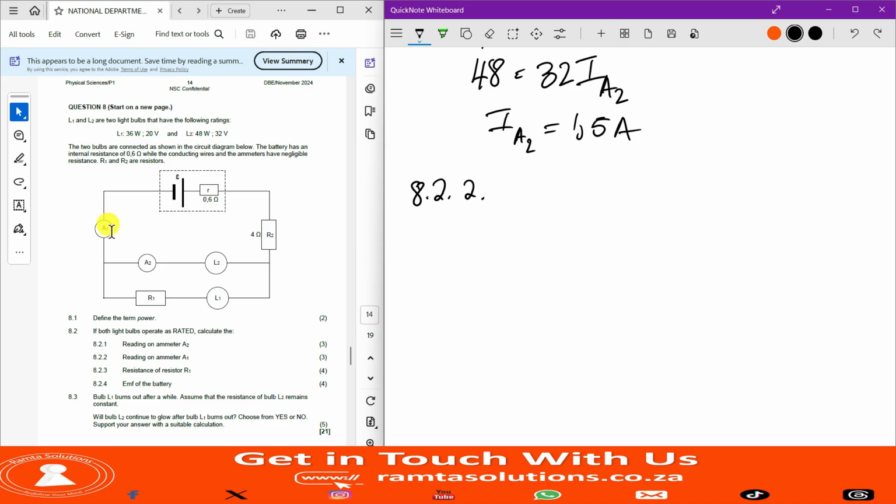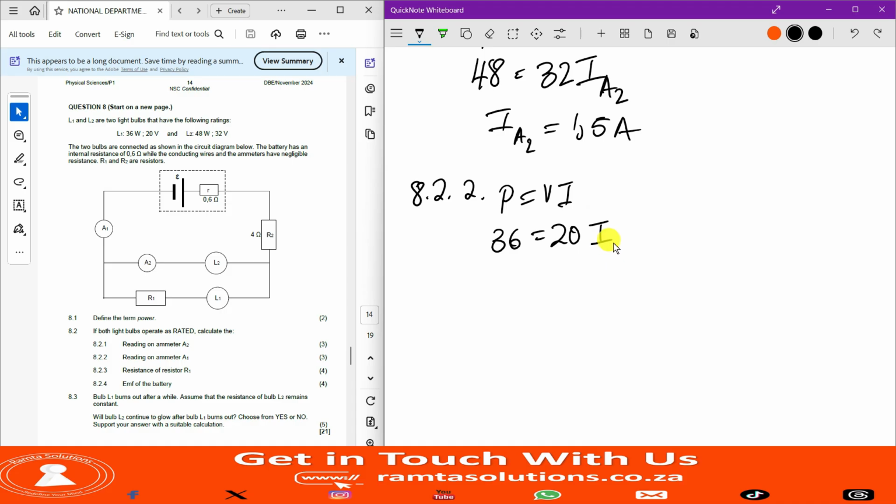So let's do this. Power equals VI. We also have the power rating for light bulb L1. The power is 36, and its voltage is 20.